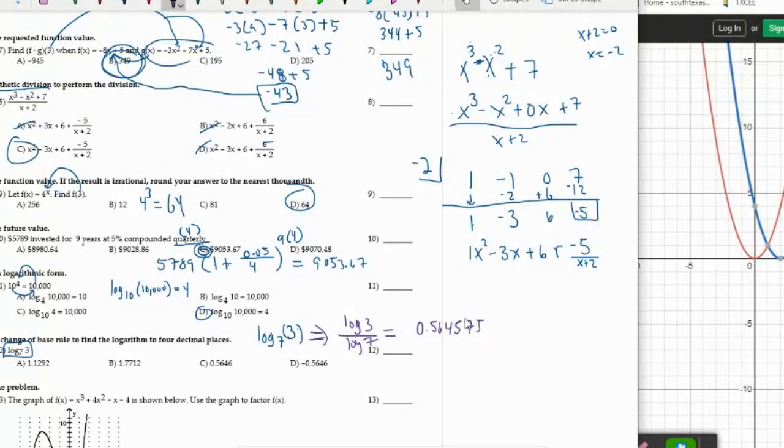But if you do regular log base 10, we divide it by log of the base, because my Inspire automatically does it. But if you have a regular calculator, you just do these two, and you're still going to get the same answer.